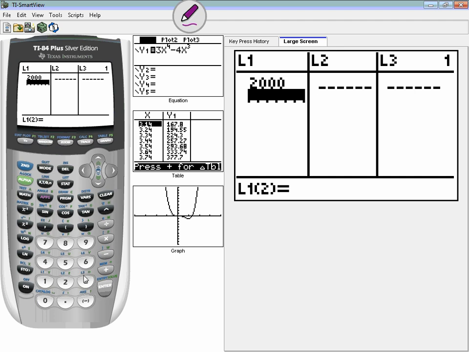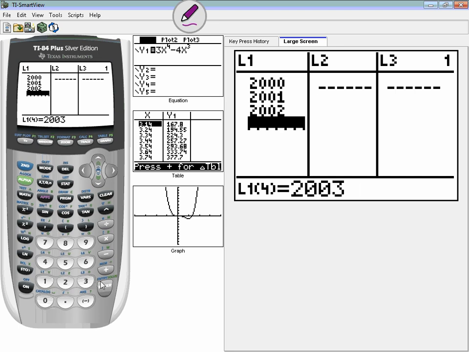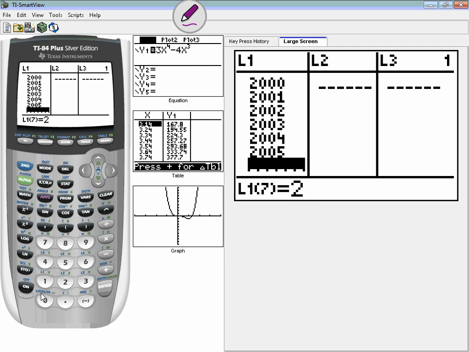All the way through 2009, right? Get there eventually.